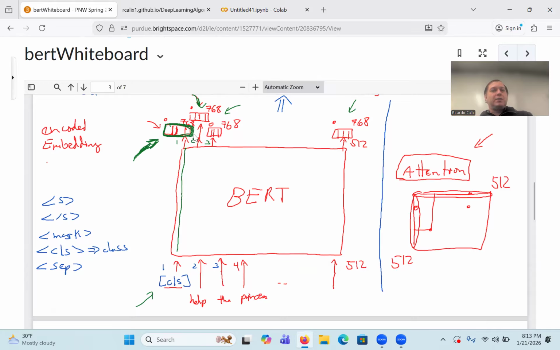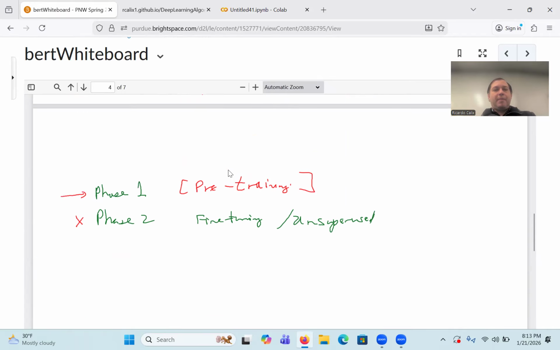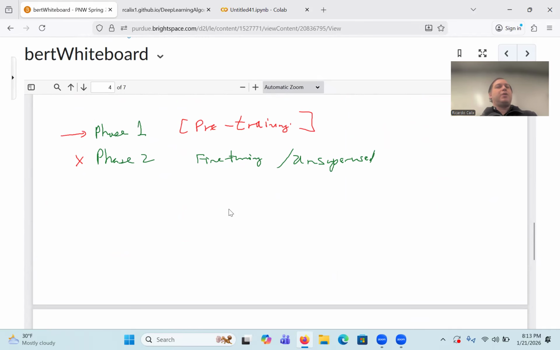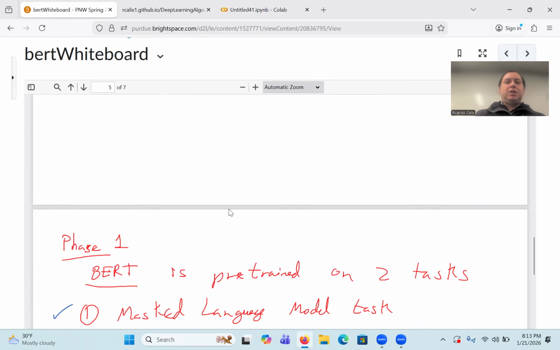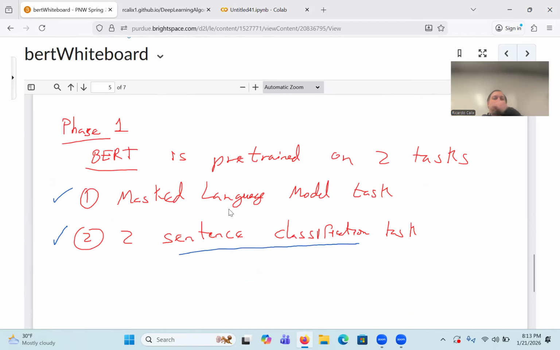This first one here, highlighted in green, is a vector of 768, but if you add additional layers, you can turn it into a classifier, for instance. That's the idea. Obviously, to train it, we're going to do pre-training, then fine-tuning.